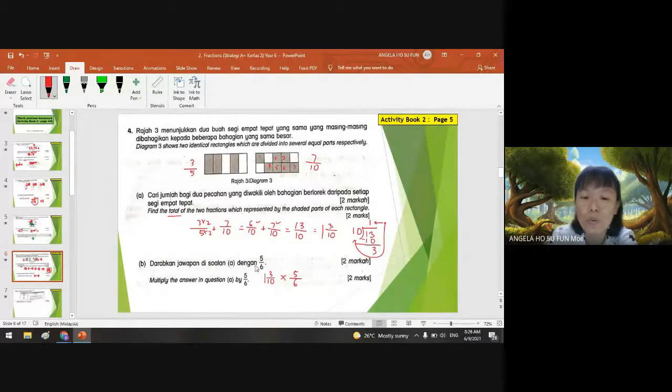Okay, so what you can do is times and plus, make it become an improper fraction. Your improper fraction you can see from here. This is 13 over 10. So you are going to write down 13 over 10 multiplied by 5 over 6.